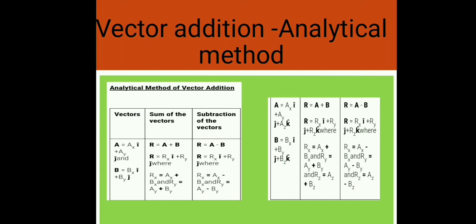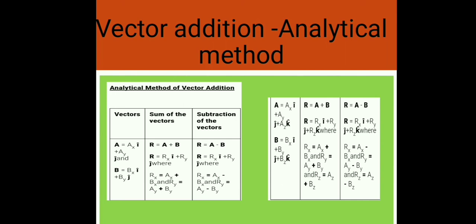Similarly, for subtraction of two vectors, R equals A minus B, where R equals Rx i cap plus Ry j cap, Rx equals Ax minus Bx and Ry equals Ay minus By. Now this is the description of 2D.